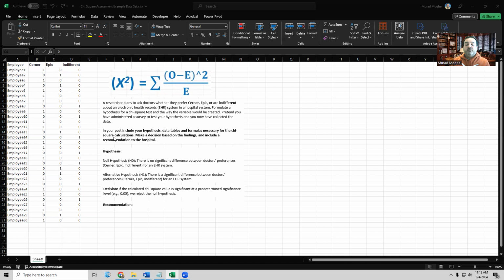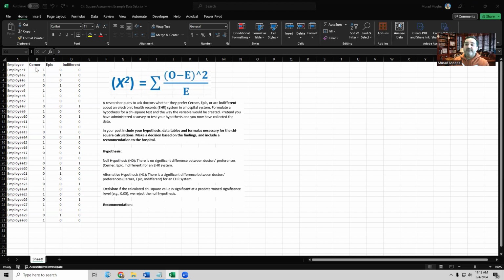Now this problem wants us to include the hypothesis. We included the hypothesis here, and the data table we already have. We formulate what is necessary for the chi-square calculations, and they want us to make a decision based on the findings and include a recommendation to the hospital. So we have the data, we have the formula for calculating the chi-square, and the hypothesis in general.